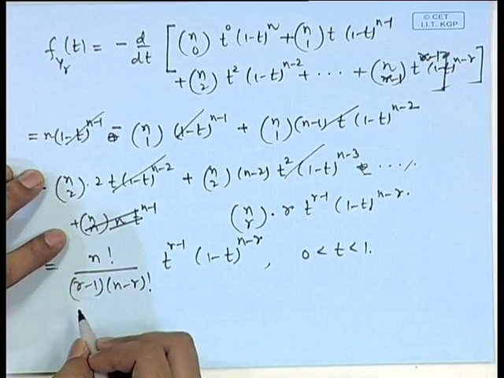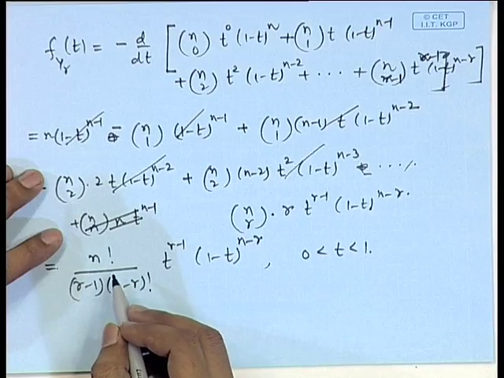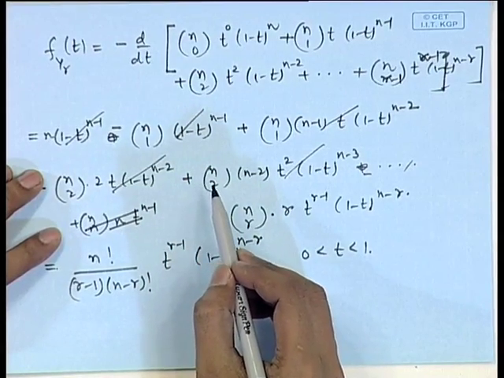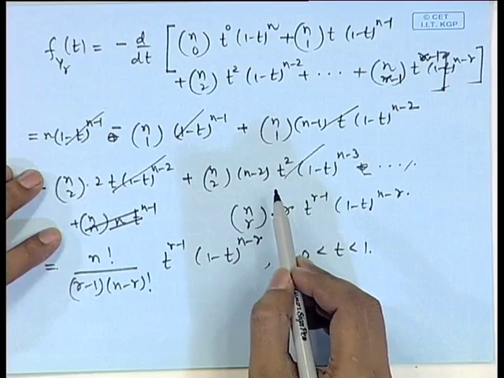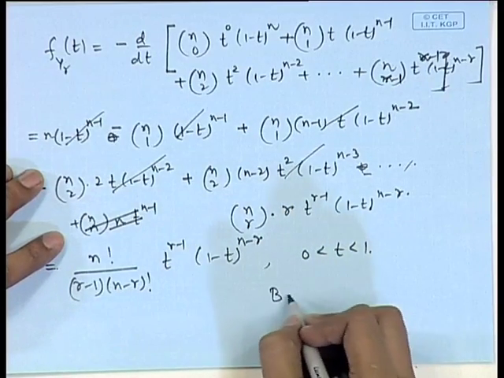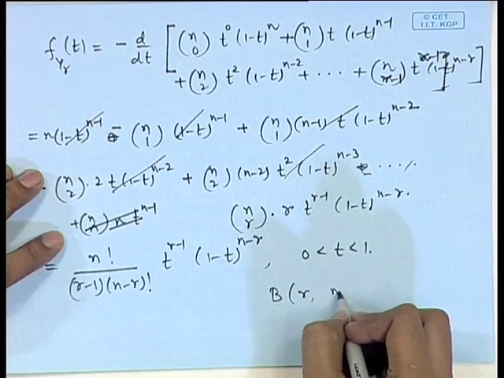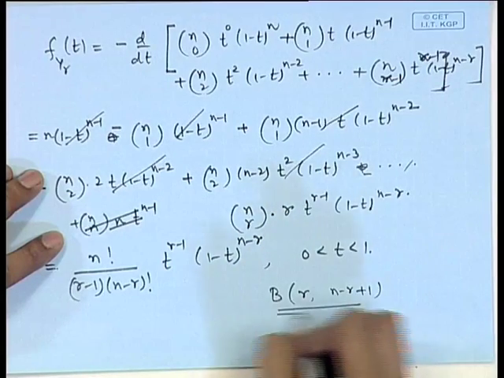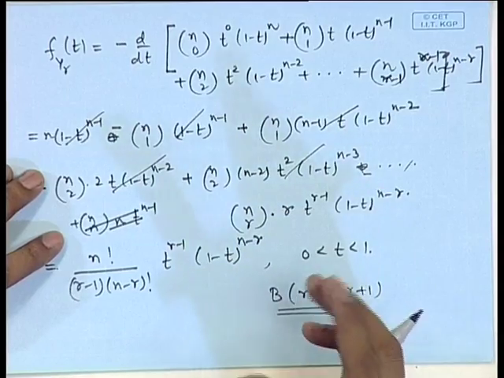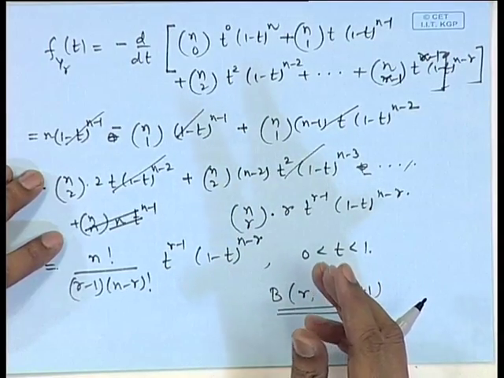This is because of the cancellation of all the terms after the n c k into n minus k, and that is same as n c k plus 1 into k plus 1. This is nothing but the beta distribution with parameters r and n minus r plus 1. So, this beta distribution arises in sampling from a uniform distribution, as the distribution of the rth largest.